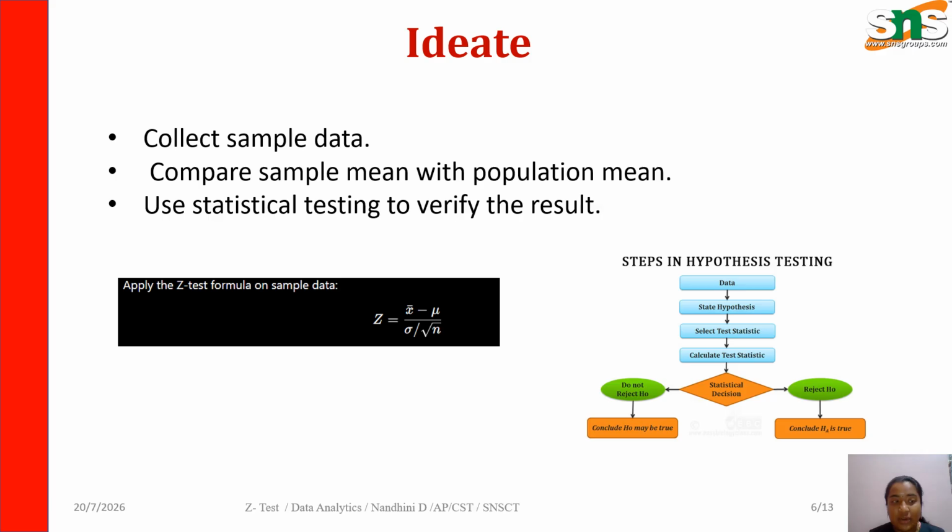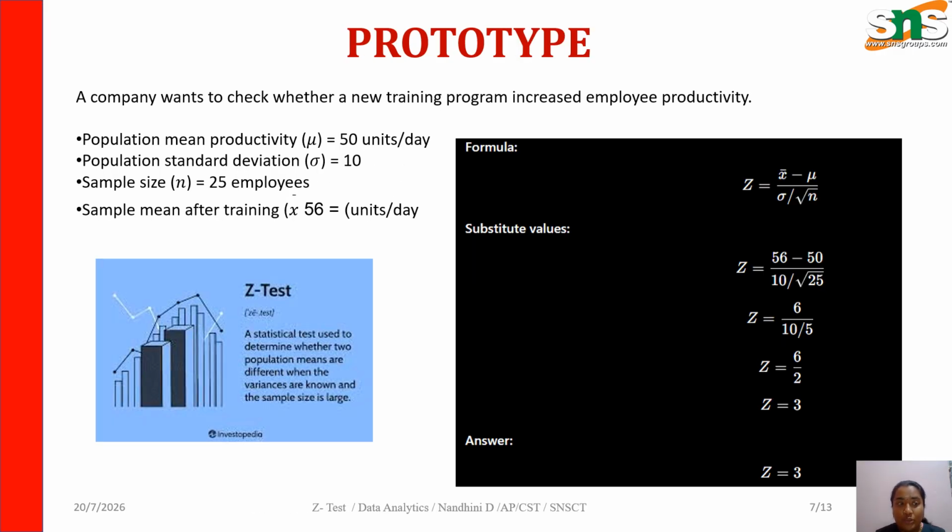Next is we are going to see the phase of prototype. In this prototype phase, the company wants to check whether the new training program increases the employee productivity. So, for example, if the mean production is 50 units, standard deviation is 10, what will be the sample size? So n is 25 employees. For these 25 employees, we are going to find the sample mean after training and before training.